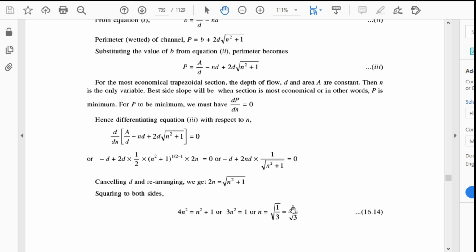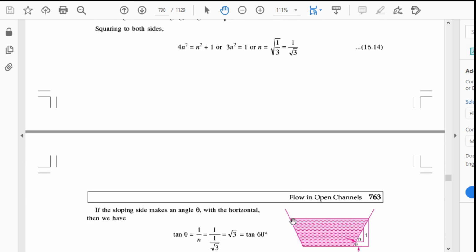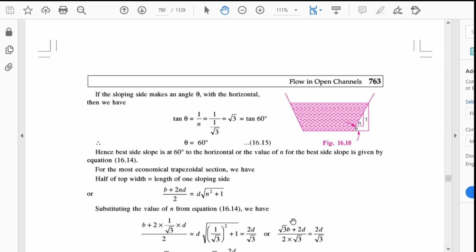That is, square root of 1 is simply 1, so n will be equal to 1 by square root of 3. Now this n is nothing but your side slope.